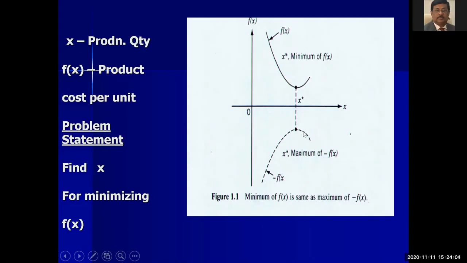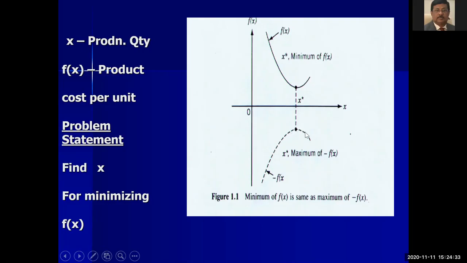The same problem can be formulated as a maximization problem. In order to make it maximization, the f(x) has to be multiplied by -1. Same function, but having a negative sign, it becomes a maximization problem. Here you can see, in this quadrant below the x-axis, if I increase the production quantity, it is increasing because it is minus.